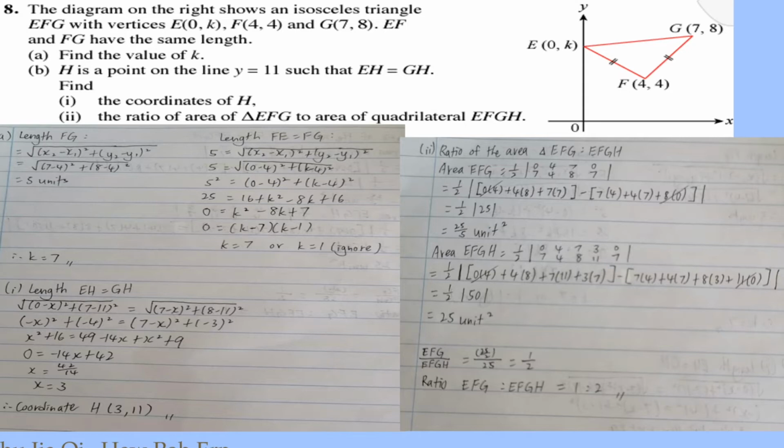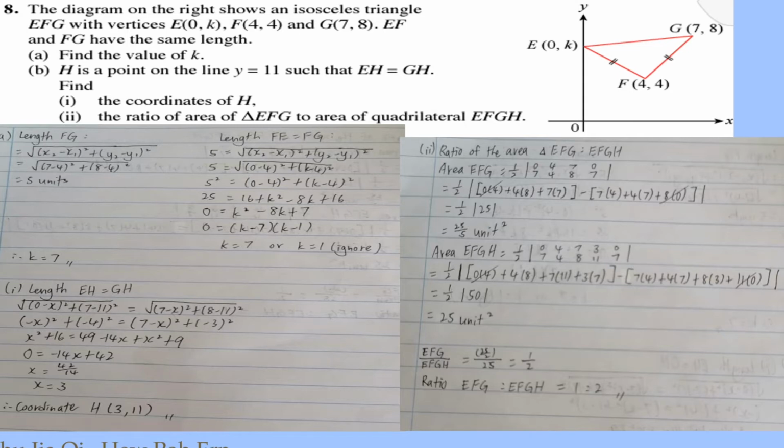So I take out the square root: bracket negative x square plus bracket negative 4 square equals bracket 7 minus x square plus bracket minus 3 square.